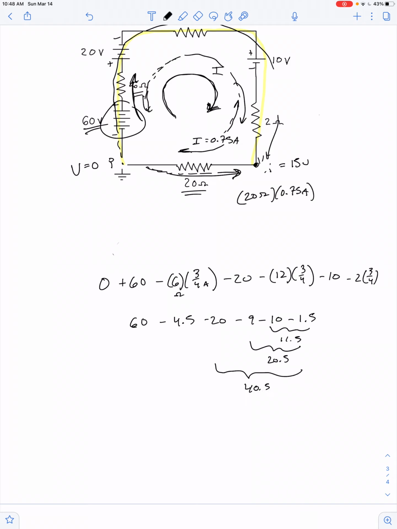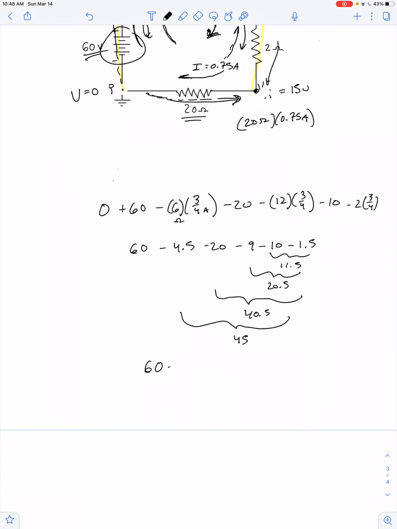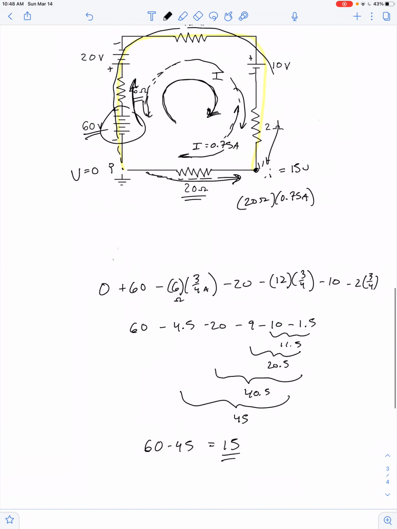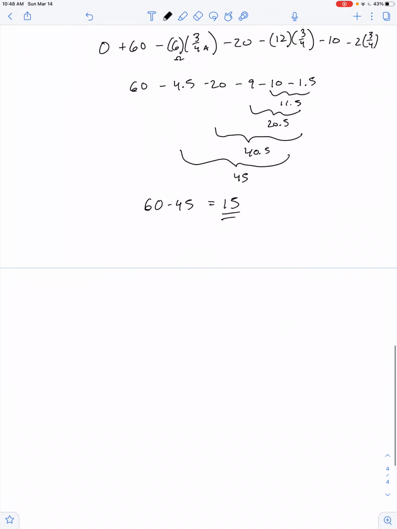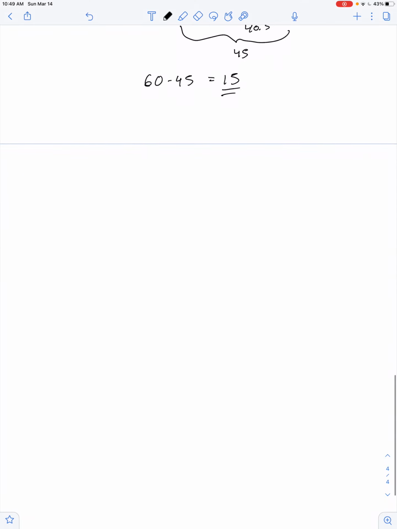Call that 40.5. Call that 45. Oh yeah, so we have 60 minus 45, which lo and behold is equal to 15. Okay, so there you have it. No matter which way you trace a path around an electric circuit, Kirchhoff's loop rule seems to hold up.